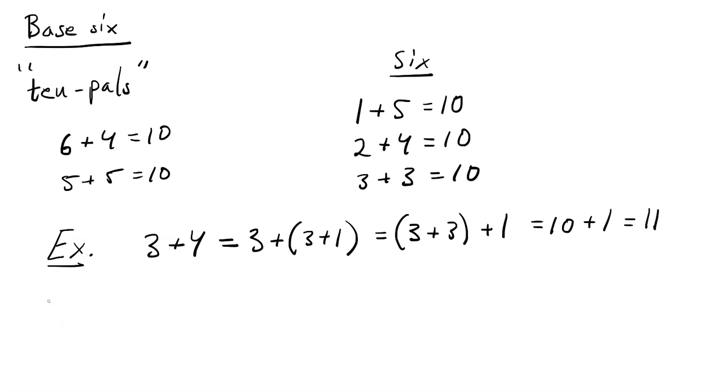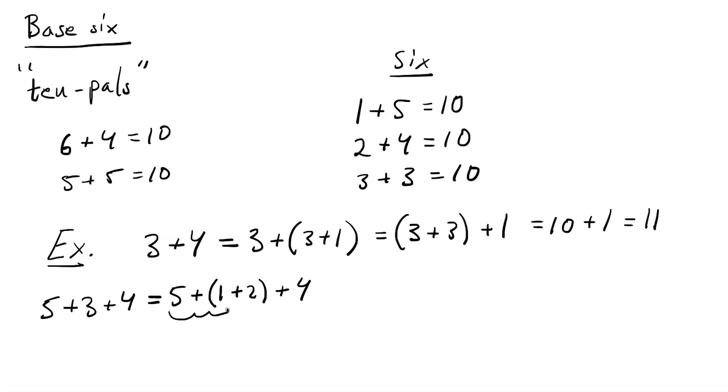Another example. If I add these three, for example, still working in base 6, then we could write it like this. The 3 we could write as 1 plus 2. This 3 we can write as 1 plus 2. And 4 here we keep.